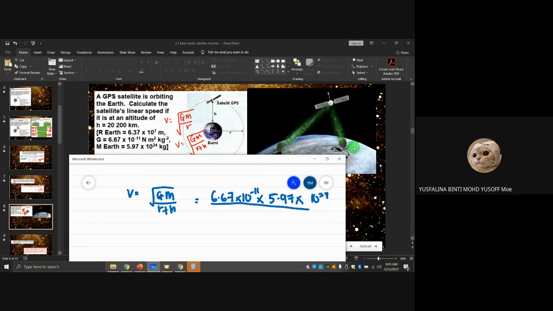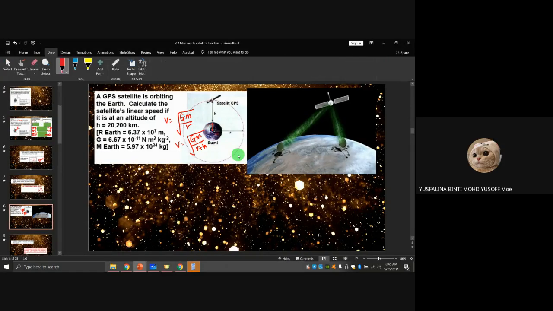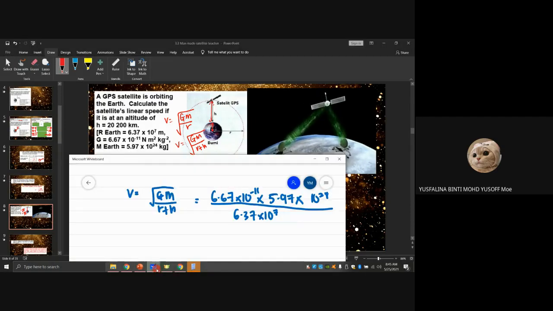Then divide by r, the radius of the Earth, 6.37 times 10 to the power of 7. But this is only the radius of the Earth, so you have to add the h here, the height of the satellite, which is 20,200 kilometer.